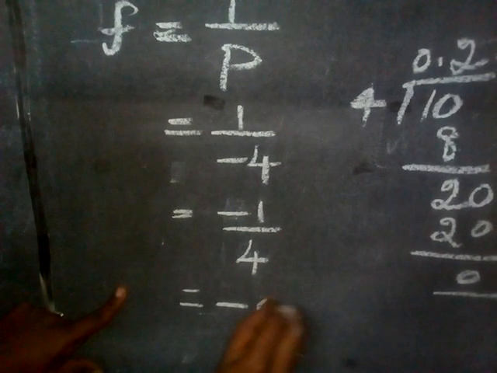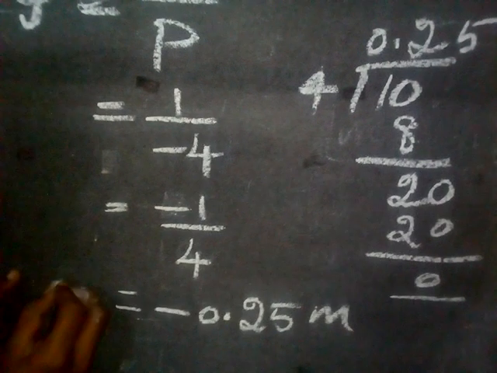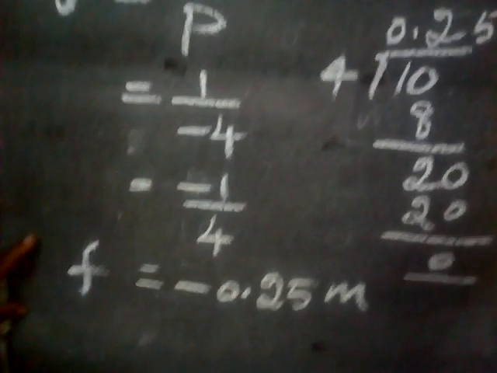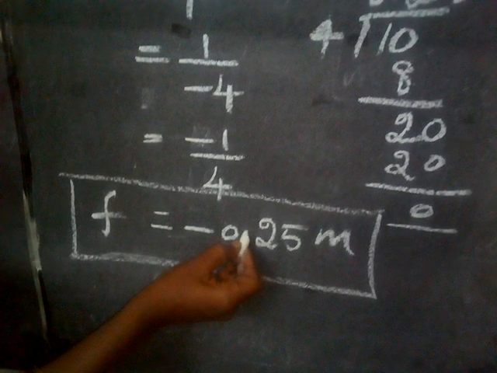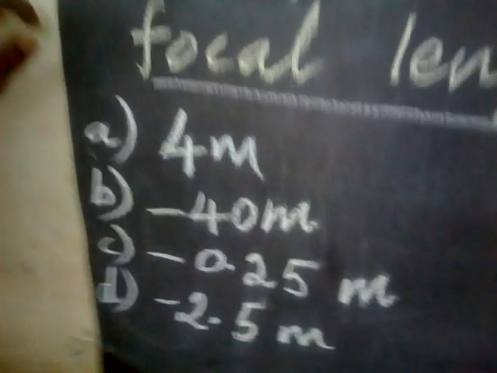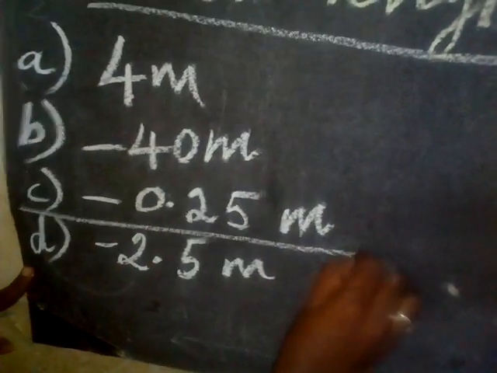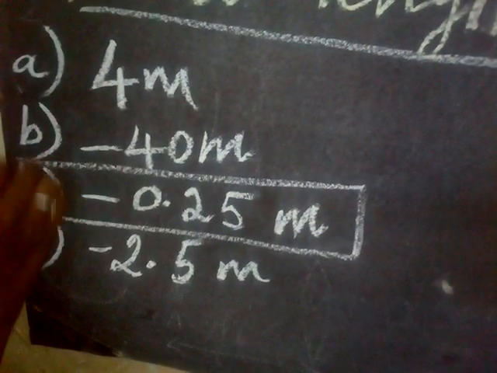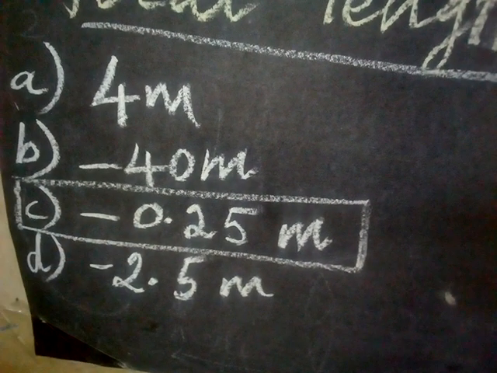So the answer is minus 0.25 meter. So the focal length of the lens F is equal to minus 0.25 meter. See the options. Which one is the correct answer? Yes, very good. Option C is the correct answer, minus 0.25 meter.